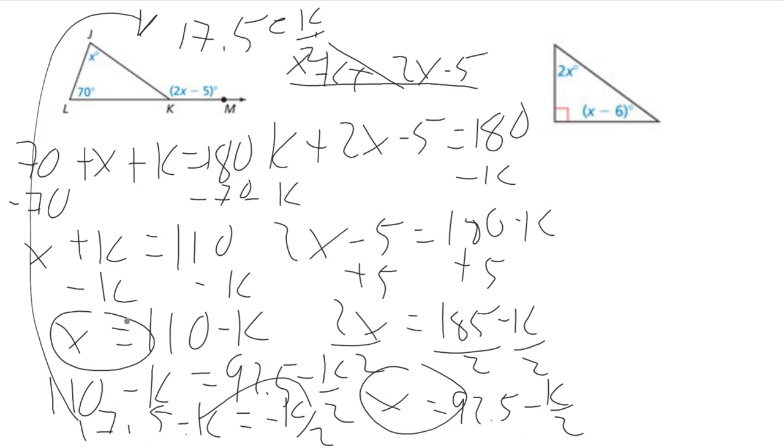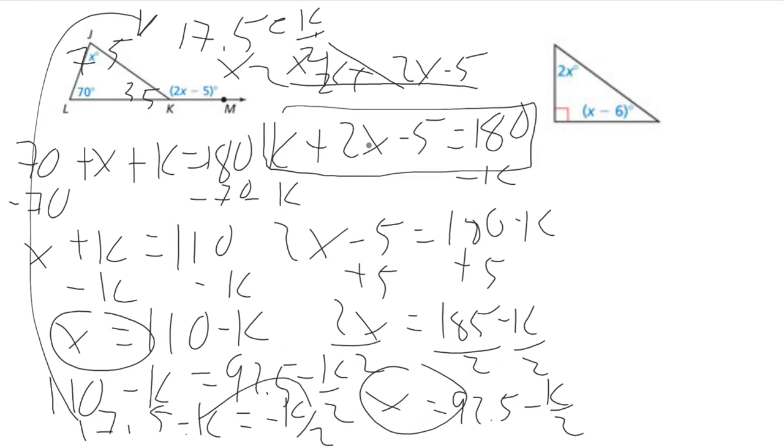And then multiply both sides by 2. So K is 35 degrees. And then based off this information, I can figure out what x is by adding 70 and subtracting from 180, and get 75 degrees.